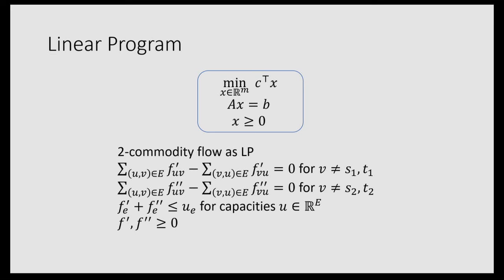So the sum of the flows that go into a vertex minus everything that goes out is supposed to be 0, except for the source and sink pair. And we have that for both flows. We also want both flows together to satisfy the capacities on the edges. And that f is positive really just means that on your directed graph, you need to satisfy the direction. Okay, so we have some obvious hierarchy here, right?